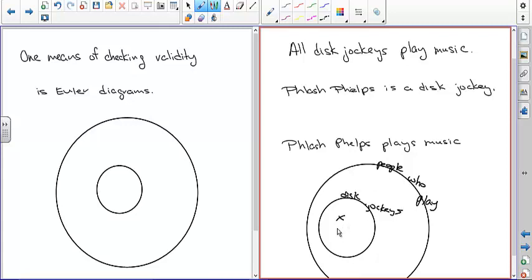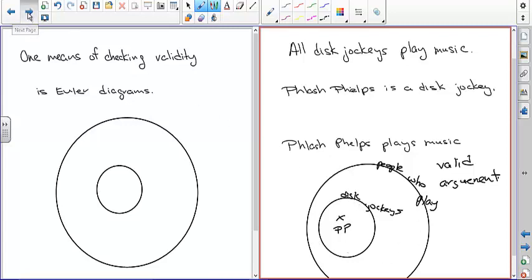If this is Flash Phelps, and he's a disc jockey, and all disc jockeys play music, then he must play music. Okay, because this little x is inside the small circle, which is inside the big circle, this is a valid argument. So we're doing it graphically. It's valid if the x, which comes from here, is inside the small circle that's inside the big circle.